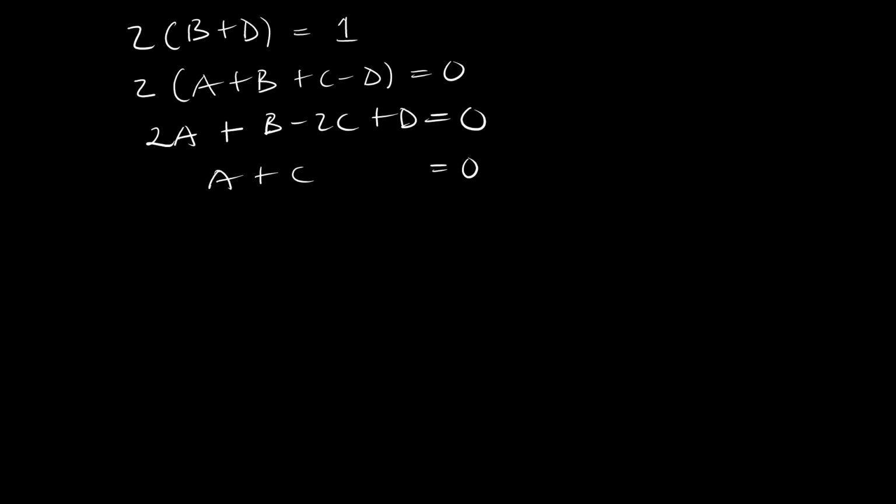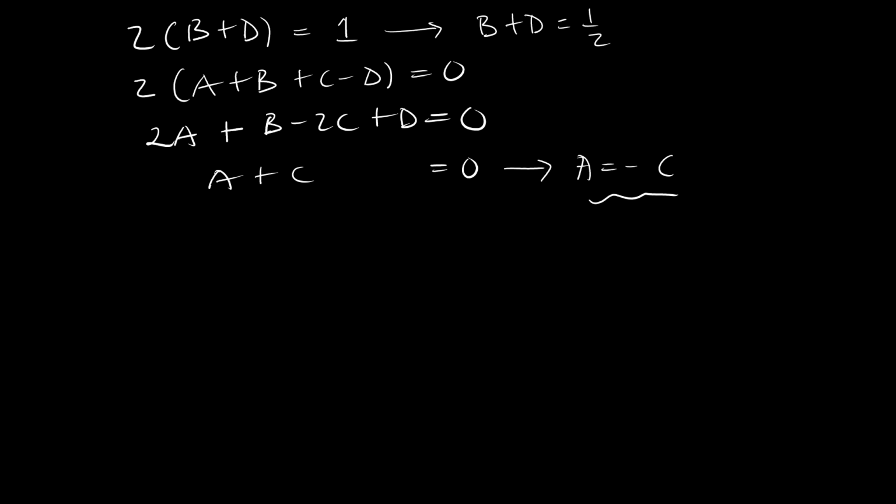So what do we see here? We see a couple of things. One is that a is equal to negative c here, right? And what else do we see? We also want to see that b plus d equals 1/2 here, right?